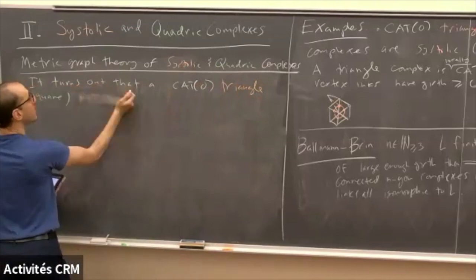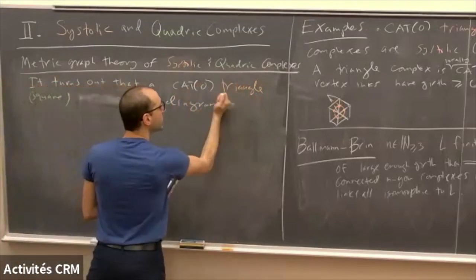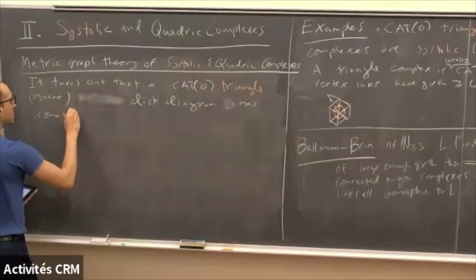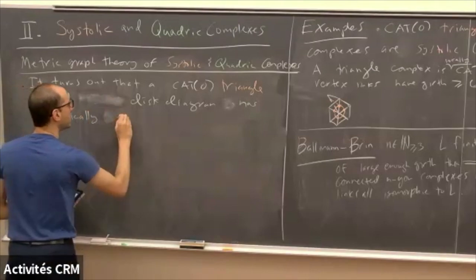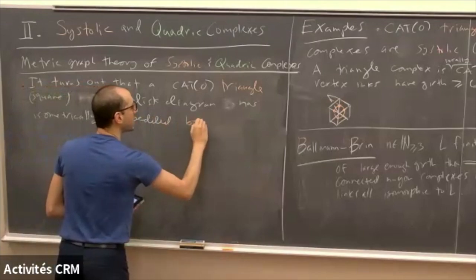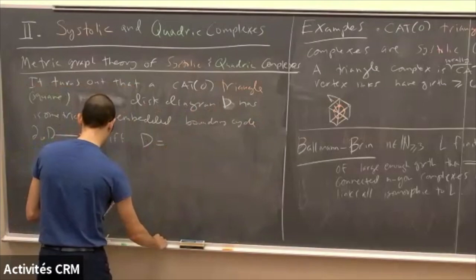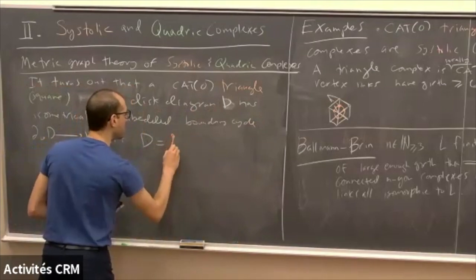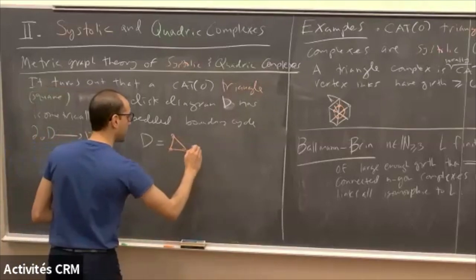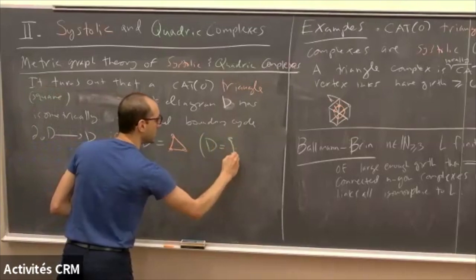disk diagram D has an isometrically embedded boundary path if and only if D is just equal to a triangle in the triangle complex case, and in the square complex case, D is equal to a square.